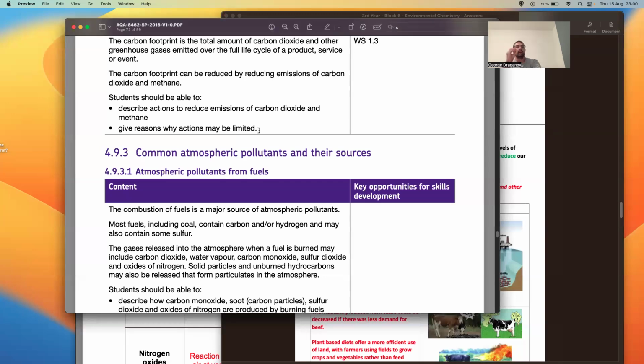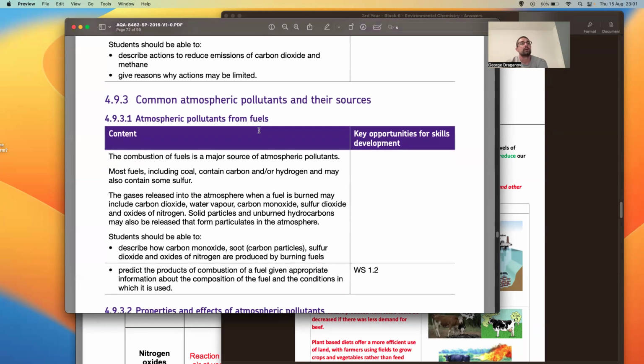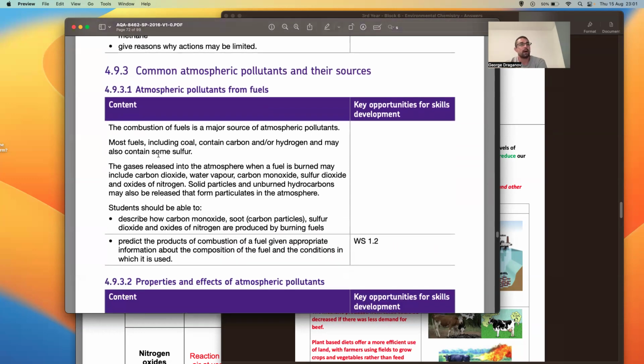So that basically refers to the fact that everybody needs to cooperate, all the countries, because it's no good just the UK doing it when China has a much larger population and can contribute a lot more to the CO2 emissions. So I've actually already talked about this at the beginning of the lesson.